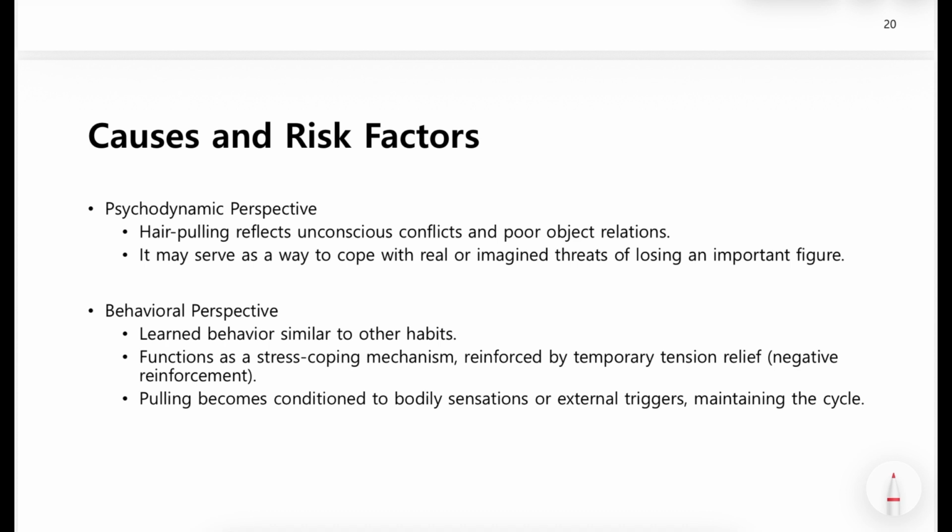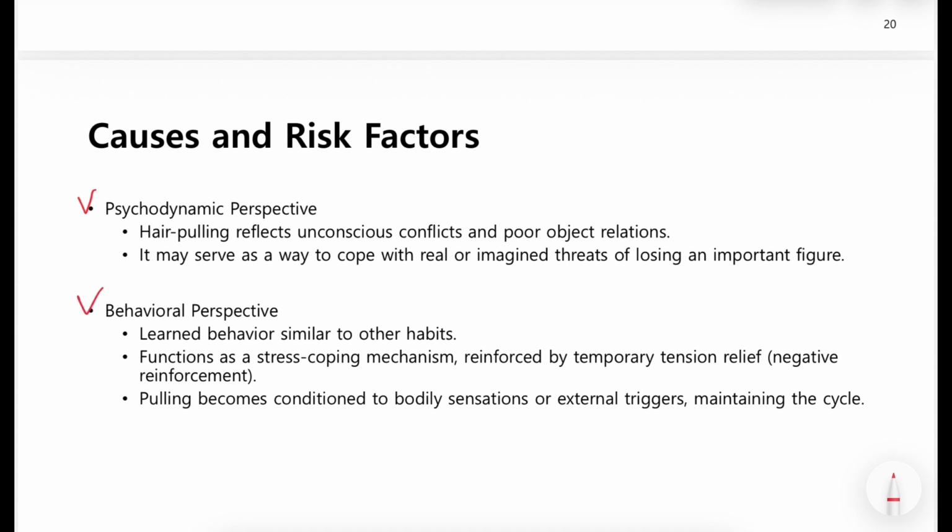There are two main perspectives on the causes of trichotillomania. From the psychodynamic perspective, hair pulling may reflect unconscious conflicts and poor object relations. In this view, pulling hair can serve as a way to cope with real or imagined threats of losing an important figure in one's life.